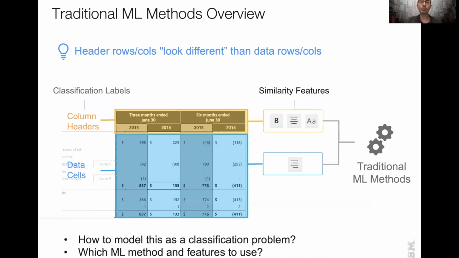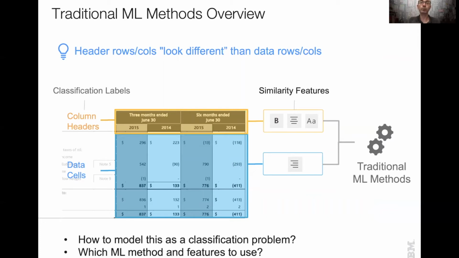A natural evolution of unsupervised approaches is approaches that use machine learning methods. So the difference from unsupervised approaches is that now, in addition to features, we also have labels corresponding to column headers, row headers, and data cells, and we feed all of them into some machine learning technique that is then trained to correctly classify the different components of the table.